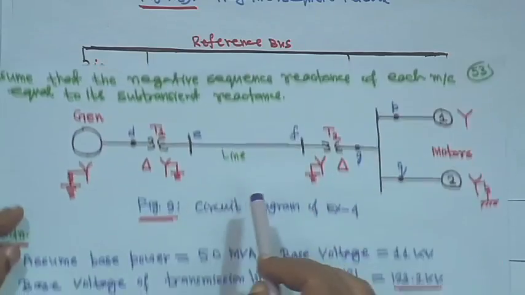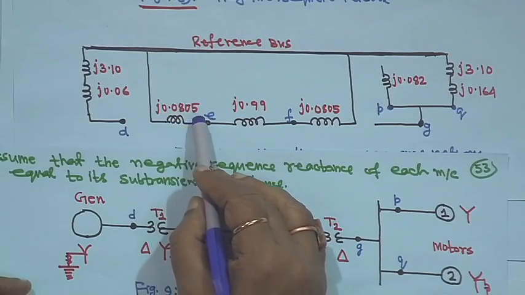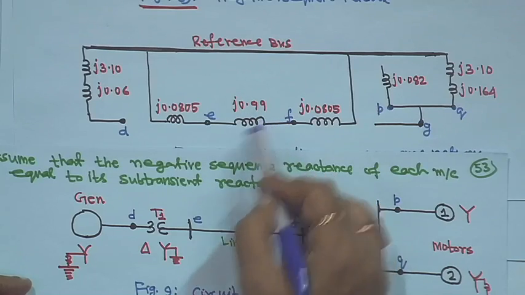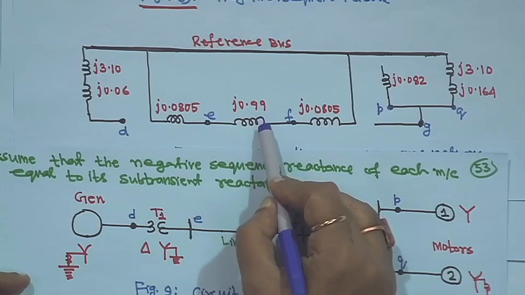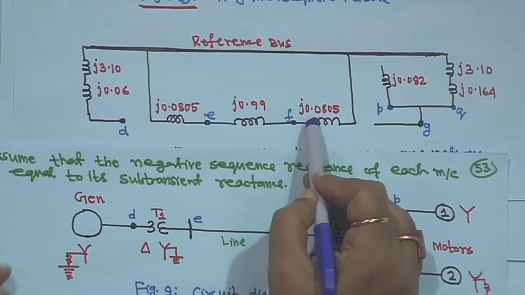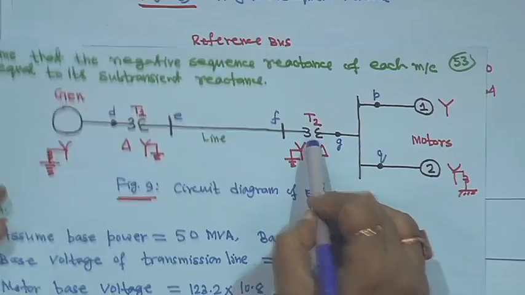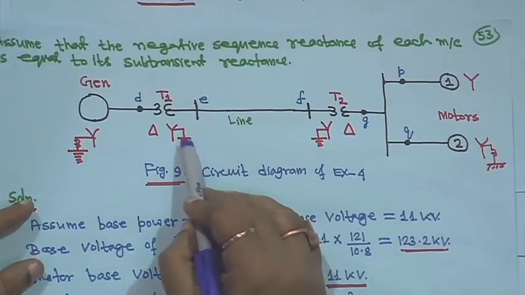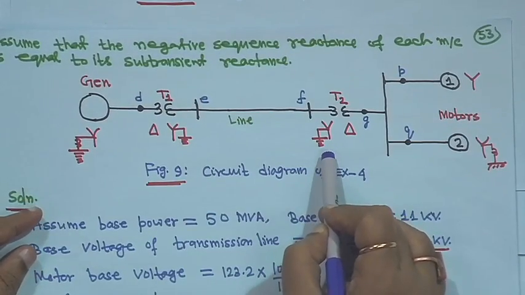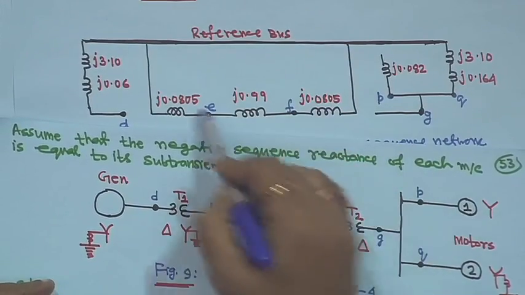In between, the transformer comes with j0.0805, then the zero sequence reactance of the line, which we computed as j0.99, and this is j0.805 for the second transformer. This is closed because this is grounded. So, the zero sequence current will flow through the line and the transformer.